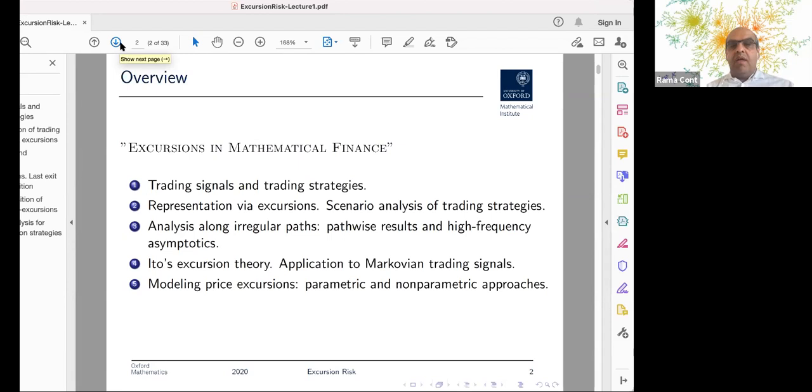I will outline some parametric and non-parametric constructions there, which lead to new classes of stochastic processes that remain to be studied in more detail. So a lot of open questions will be discussed in the last part. Okay, so that's the overview.